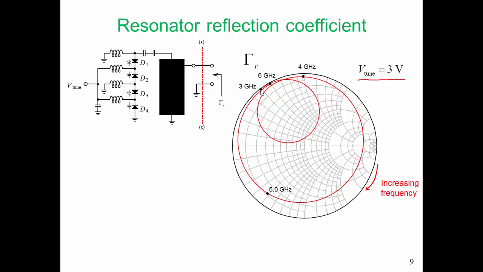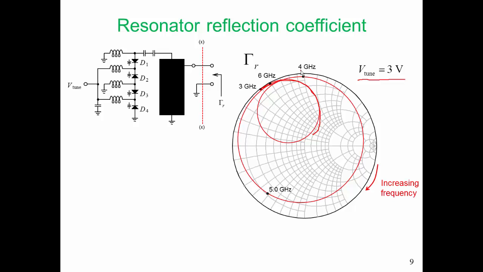Plotting gamma R, we start off with 3 gigahertz here. We go through a resonance here. Well, I won't draw on top of this line, but we go from 3 gigahertz, we go around this circle, and then here is the variation of gamma R that determines our oscillation frequency.